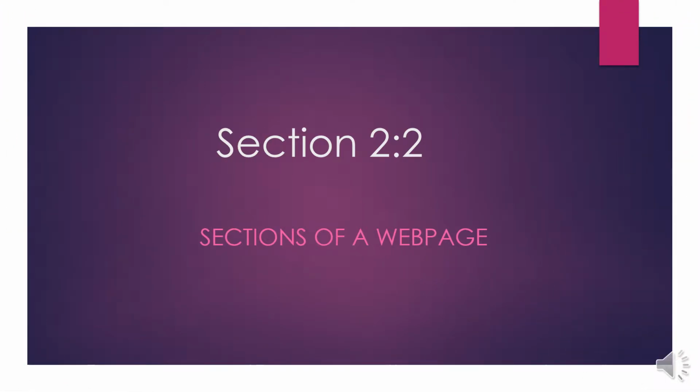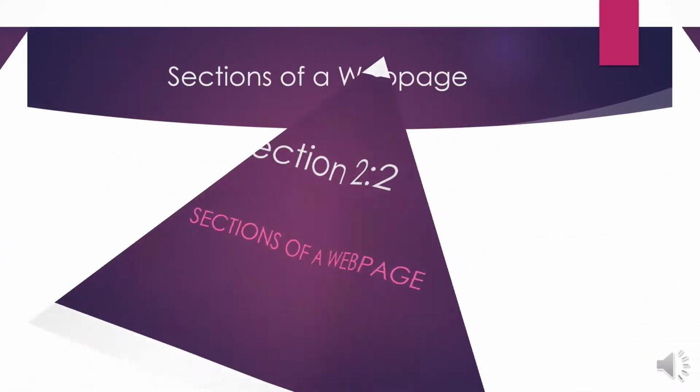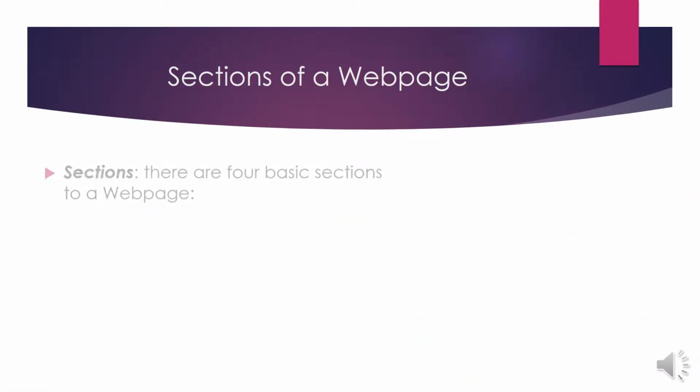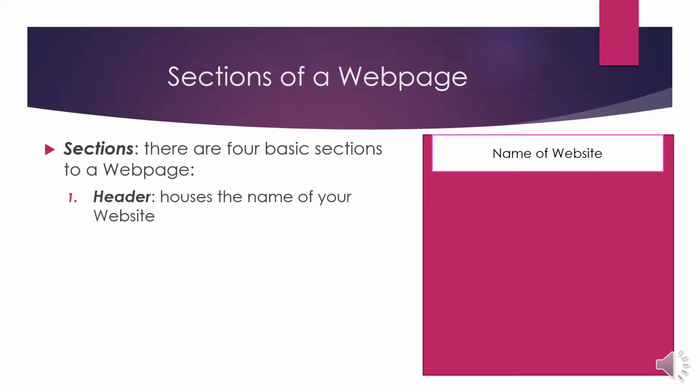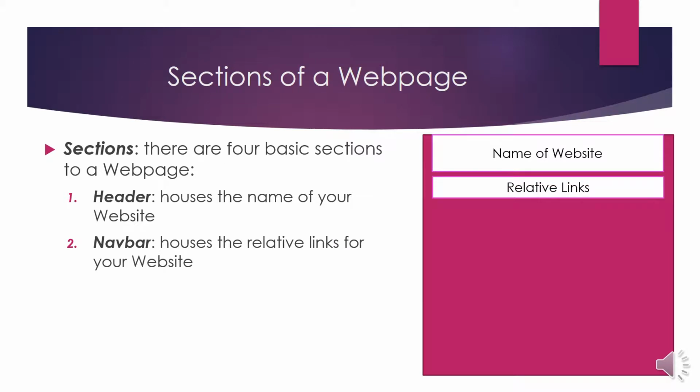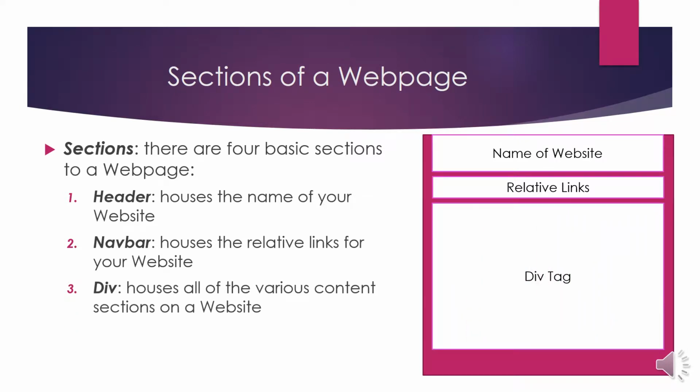Welcome to section 2-2. We are looking at sections of a web page. Sections of a web page contain 4 basic sections. You have your header, which houses the name of your website, your nav bar, which houses the relative links for your website, your div, which houses all the various content sections on a website.